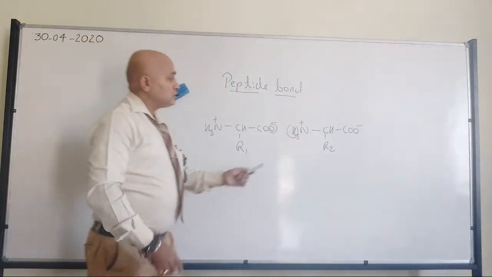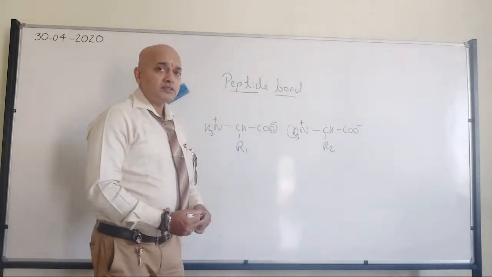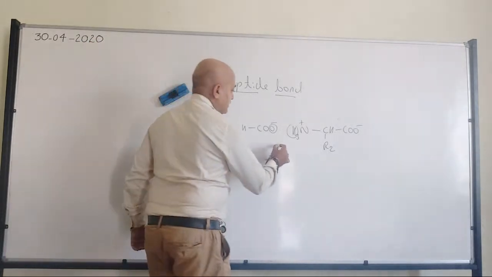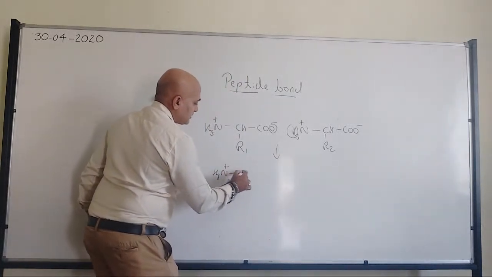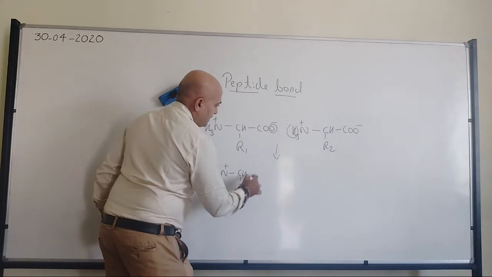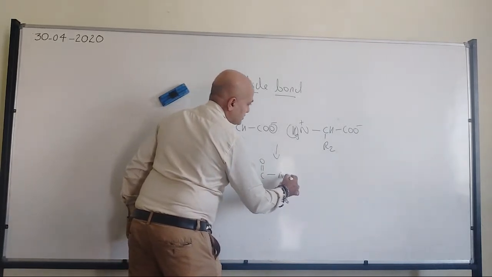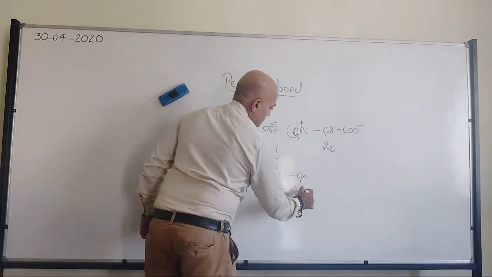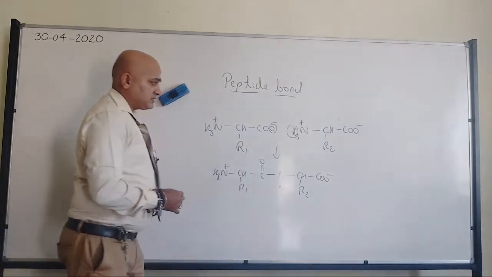That means 2 hydrogen atoms and 1 oxygen will be taken. So what is left over will be R1 CO NH CH R2 COO minus.